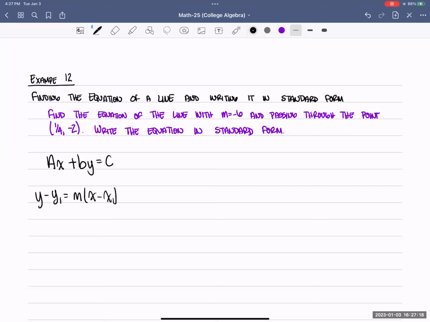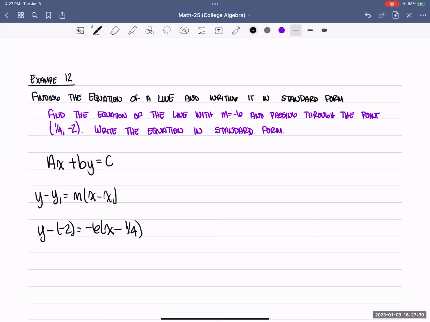So y minus y1 is going to be y minus -2, is equal to m, and m is -6, times x minus 1/4.